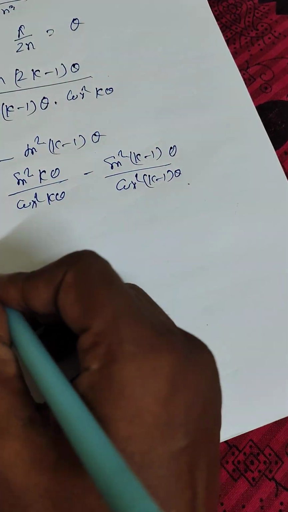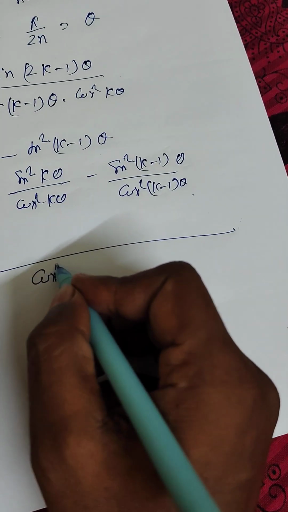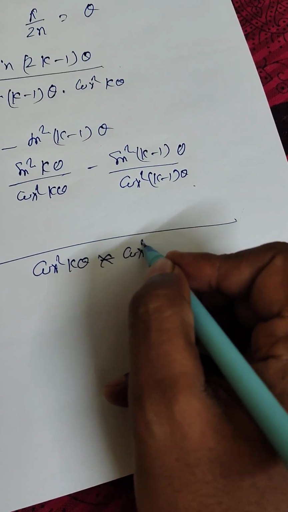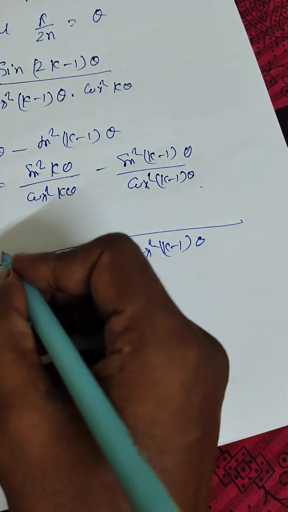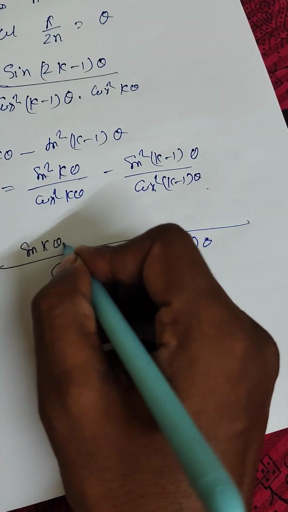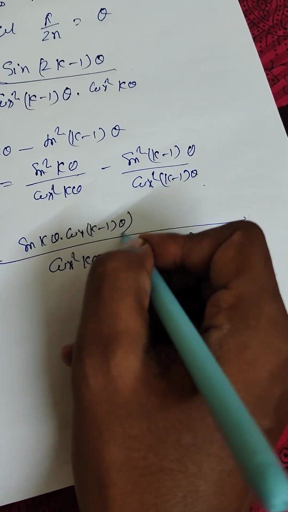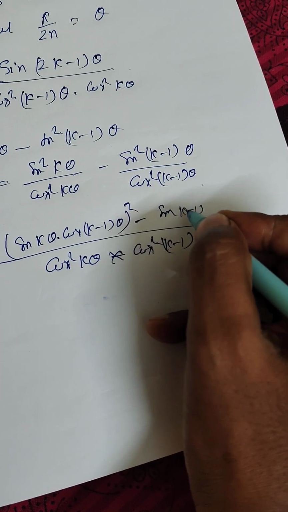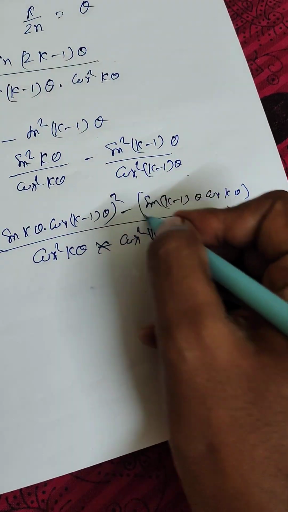Now take the LCM. The LCM is cos square k theta into cos square (k minus 1) theta. Multiply, and you write sin k theta into cos (k minus 1) theta whole square minus sin (k minus 1) theta into cos k theta whole square.